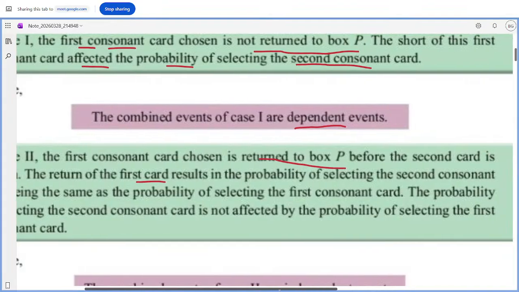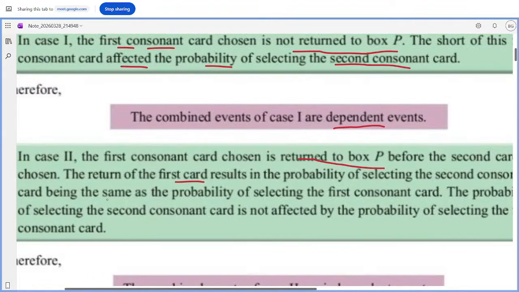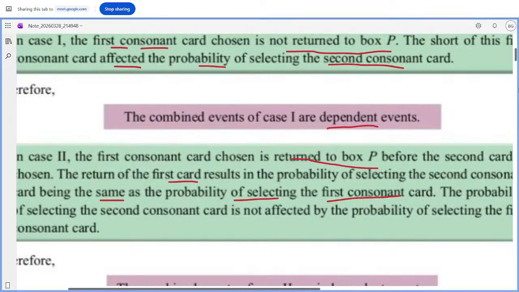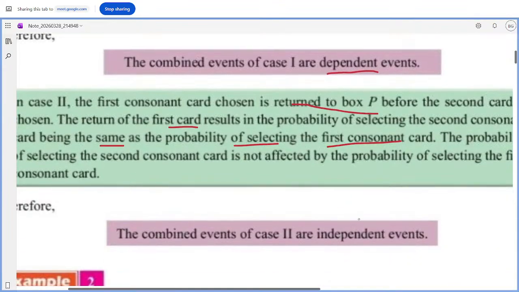So if the total doesn't change, the bottom of the fraction maintains the same value. So the probability of selecting the second consonant will be the same as the probability of selecting the first consonant, because it comes back to the original when you return the card. So this is what we call independent events. They do not affect each other because you already replaced the card. It does not affect each other.